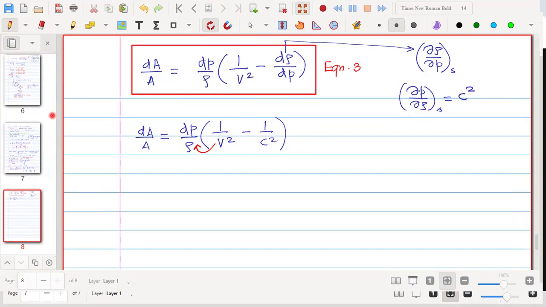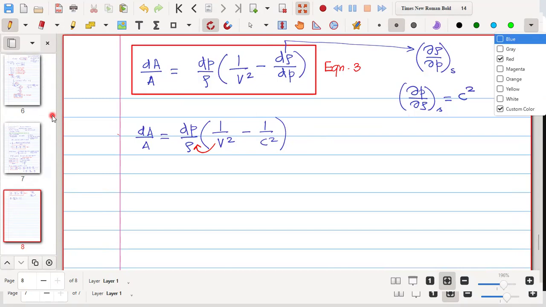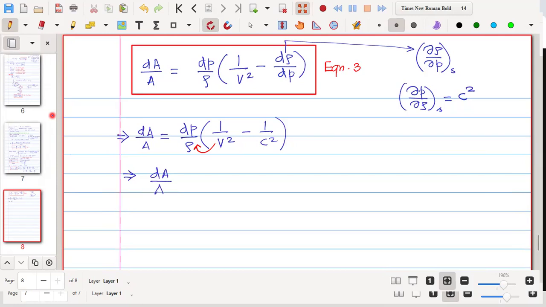Therefore, now we will write dA by A is equal to dP by rho V square, it will be 1 minus V square by C square.